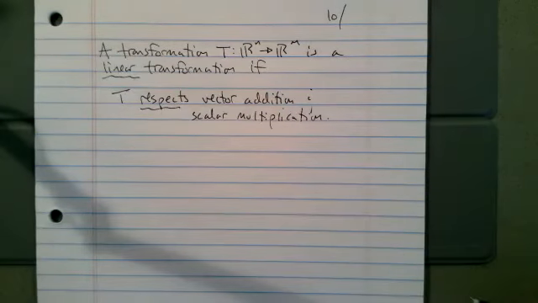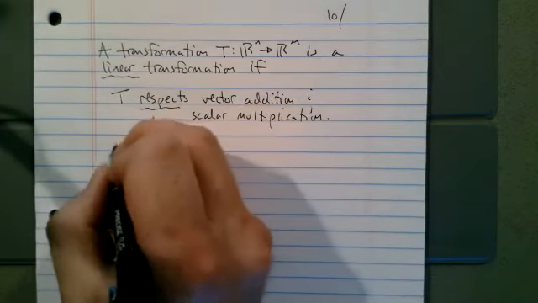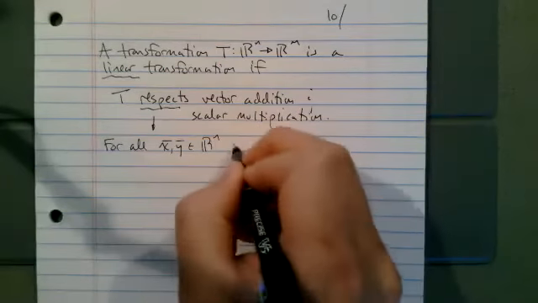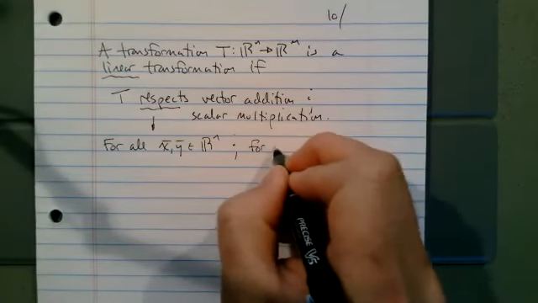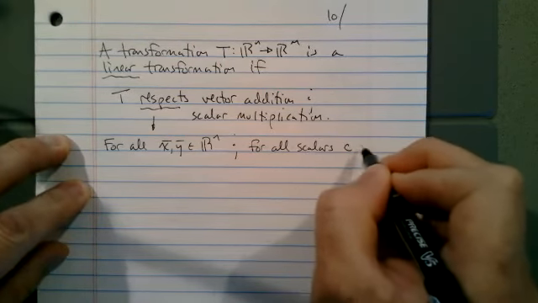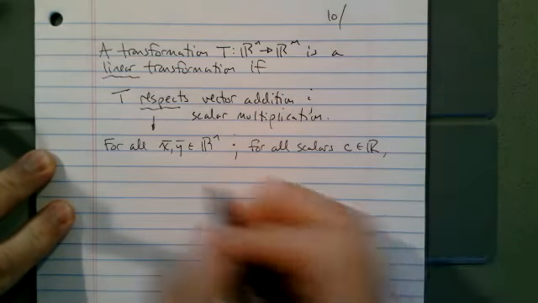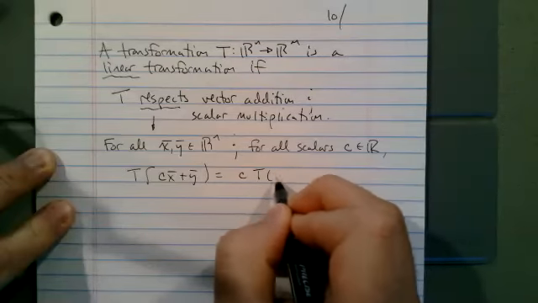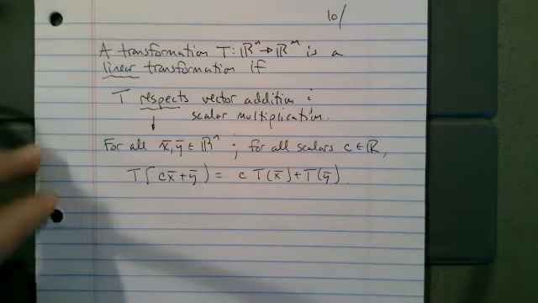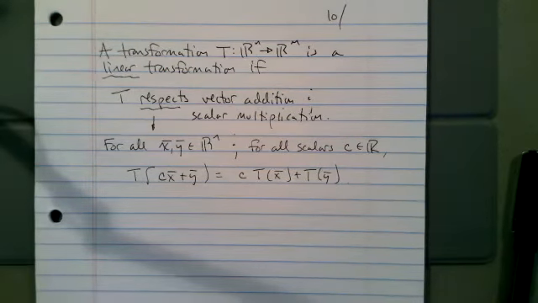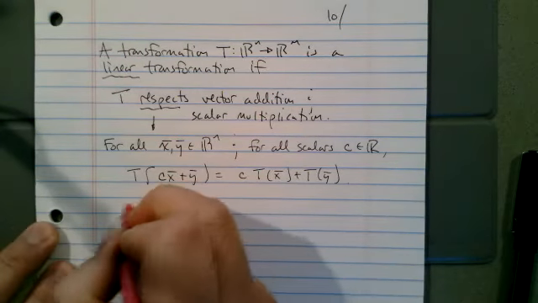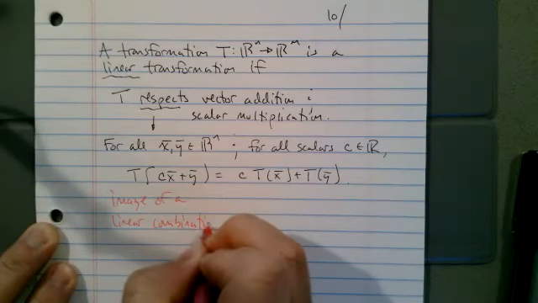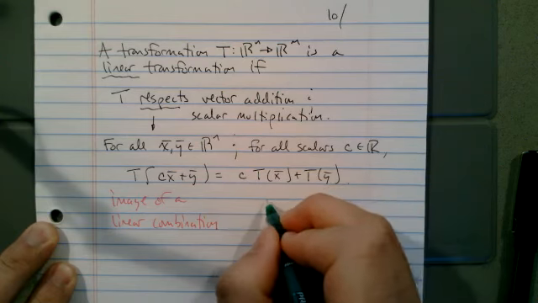I've got to clarify what I mean by this. What that means is that for all x and y in the domain and all scalars c in R, the image of a linear combination is just the same linear combination of the images.